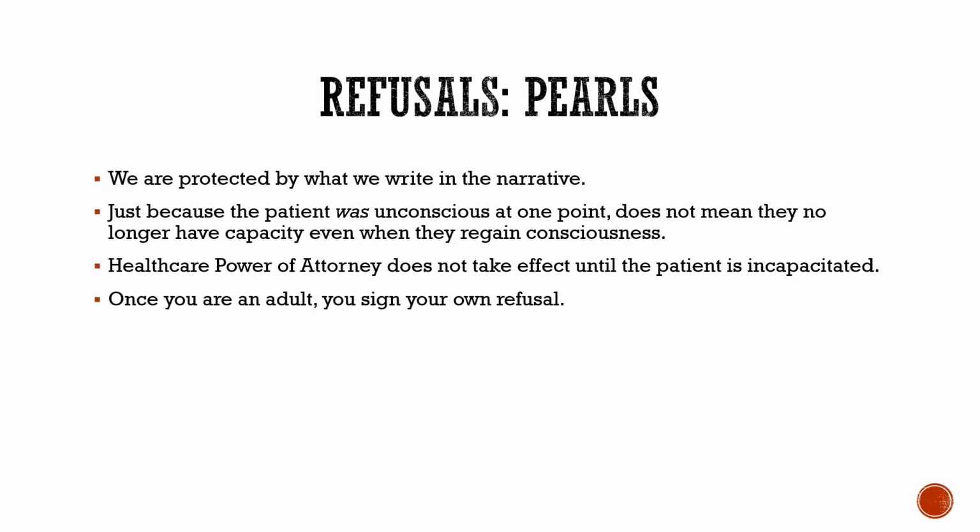instances where minors can be emancipated. What that means is that those individuals are less than 18, but they legally make their own decisions. They do not have a legal guardian. There are certain legal steps and criteria to become an emancipated minor, but all of these emancipated minors should know the deal.